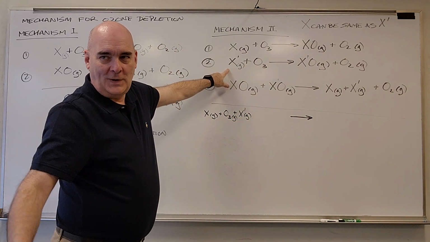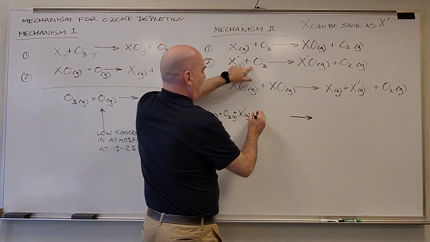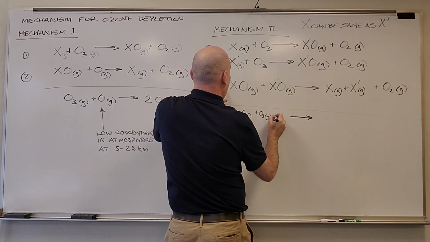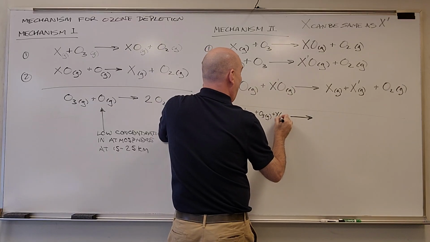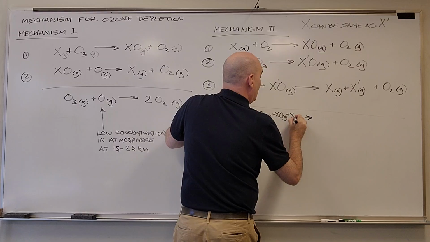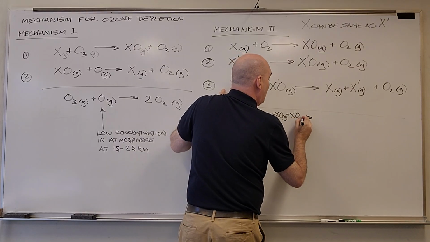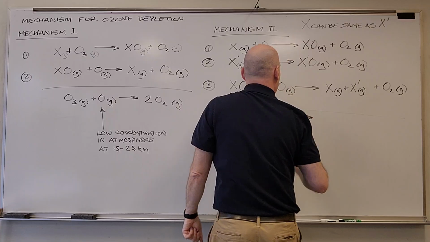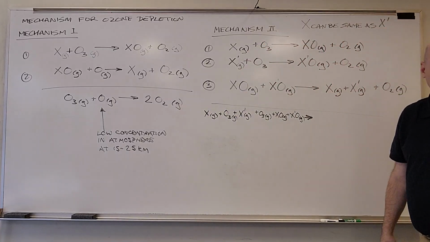You've got a long way to go, right? Plus O3 plus XO plus X prime O. All right, that's everything that's on the left-hand side of this equation.